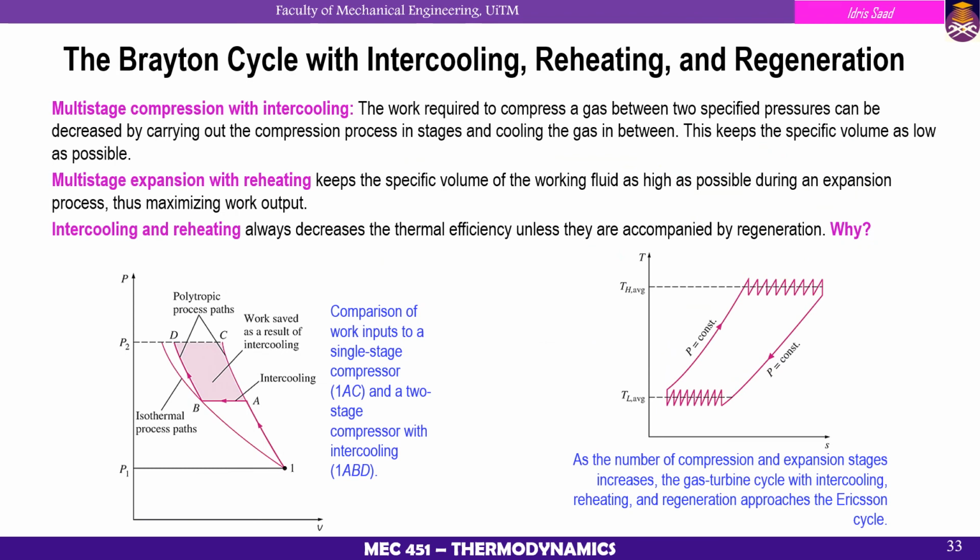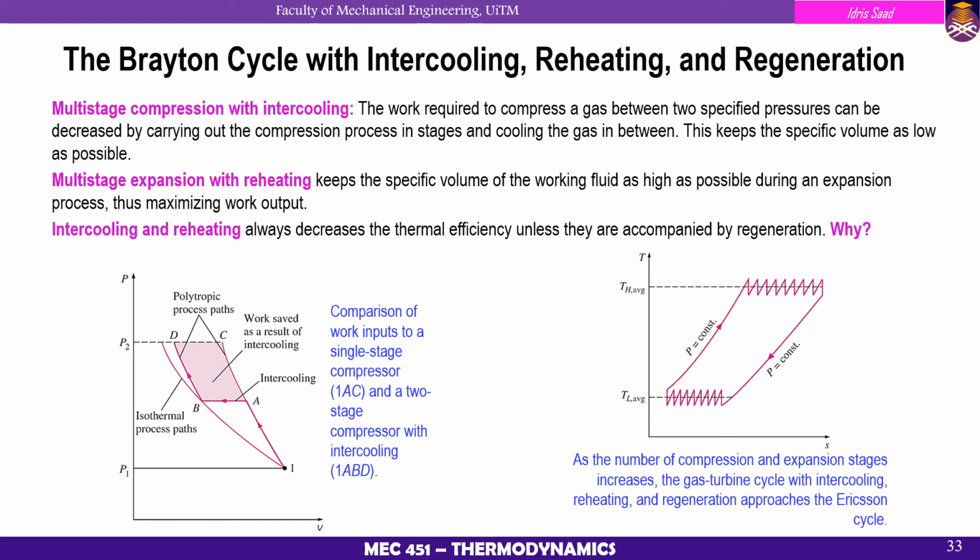By using multi-stage compression with intercooling, the work required to compress a gas between two specified pressures can be decreased by carrying out the compression process in stages and cooling the gas in between. It is similar to the multi-cylinder reciprocating engine.